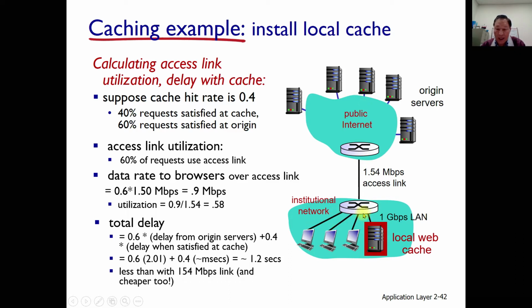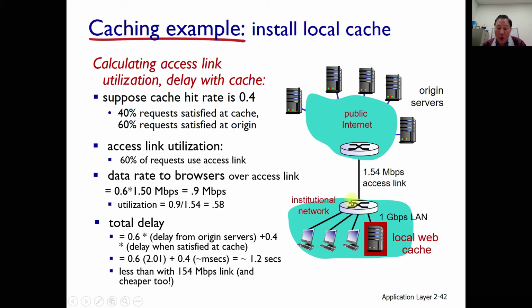That is called hit. If that is not here, then that is called miss, and the percentage of that is called miss rate. Here, suppose cache hit rate is 0.4. That means whenever we try to get 10 times, then almost 4 times we can get the right object from here.